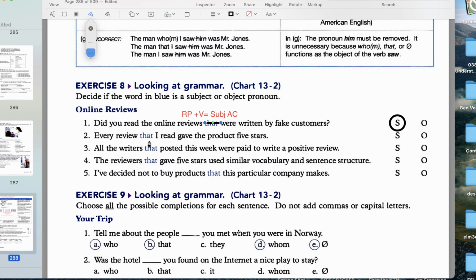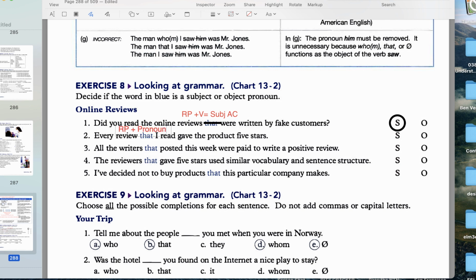Every review that I read gave the product 5 stars. First thing you do, find your relative pronoun. So in this case, the relative pronoun is "that." Plus what? What comes right after that? A pronoun.